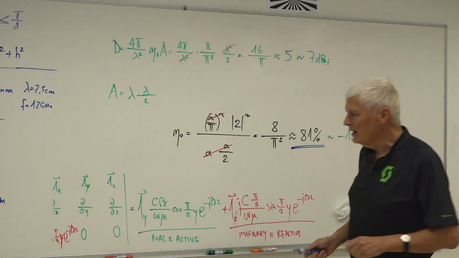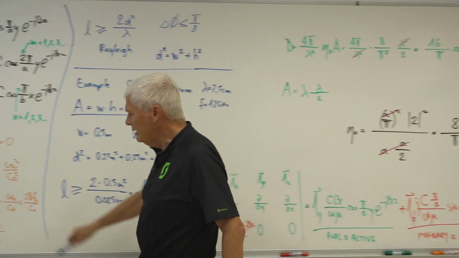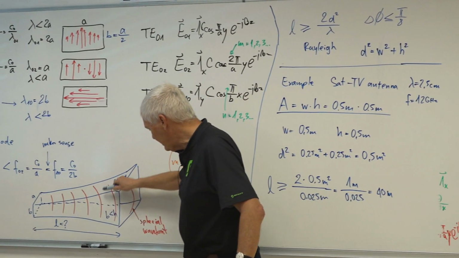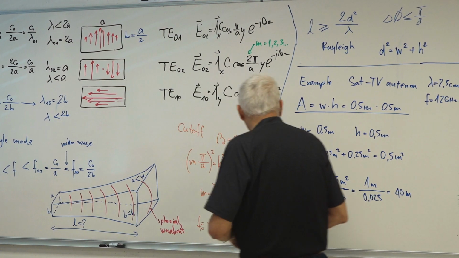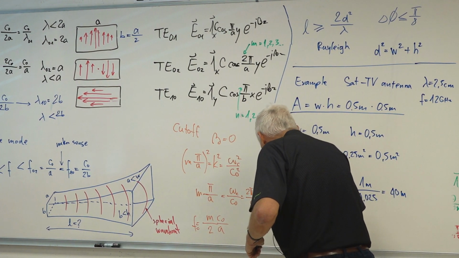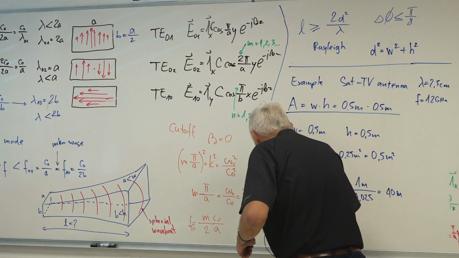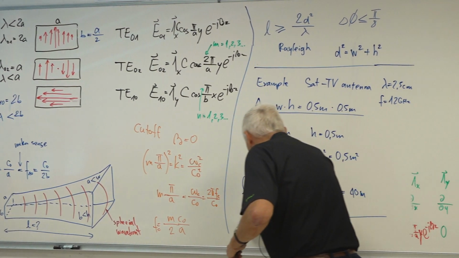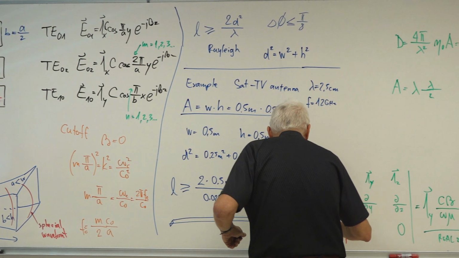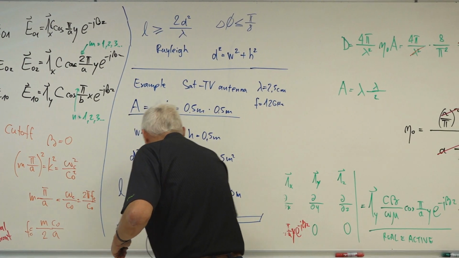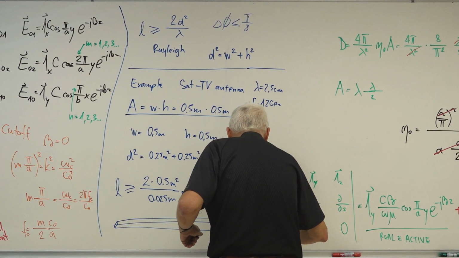This horn, in order to keep the wavefronts flat, not to have spherical wavefronts, has to be now very, very long. So this horn, starting from our waveguide, has a square aperture here.